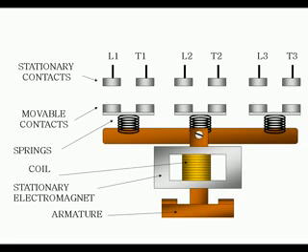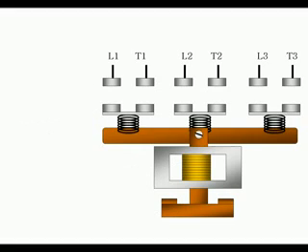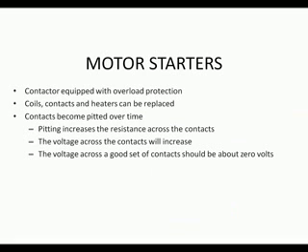When the coils are energized, the contacts are pulled closed. Looking at it from the side, you have your stationary contacts, you have your movable contacts. We have springs that pull them back into place. We have a coil, and we have a stationary electromagnet, and we have the armature. And you see how they're pushed into place.